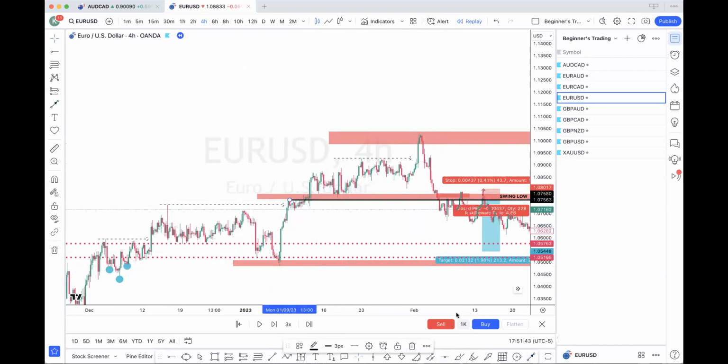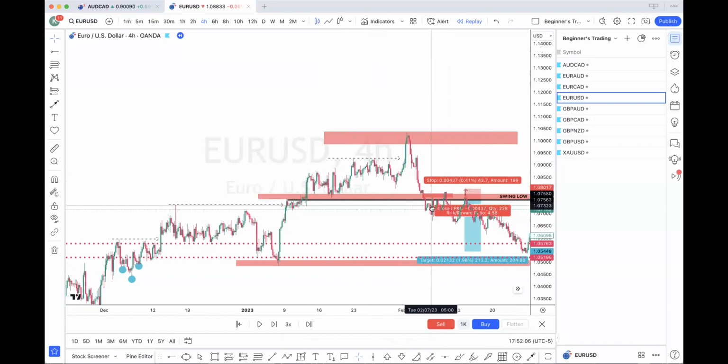Okay. So now if you get a break of this high, actually this was the break, everything between here was the swing low. So I don't even, this is a high, but not a swing high.